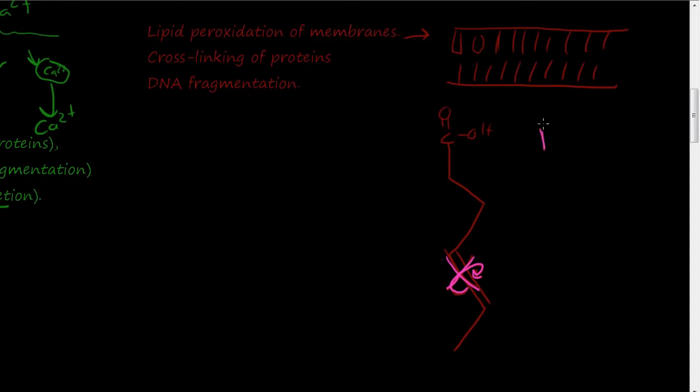So these reactive oxygen species, or these oxygen free radicals, they attack these double bonds and they mess them up. And when these double bonds are messed up, this causes a problem in the cell membrane. And when we have problems in the cell membrane, we've talked about some of the problems that can happen. We have an osmotic disequilibrium, if you will.